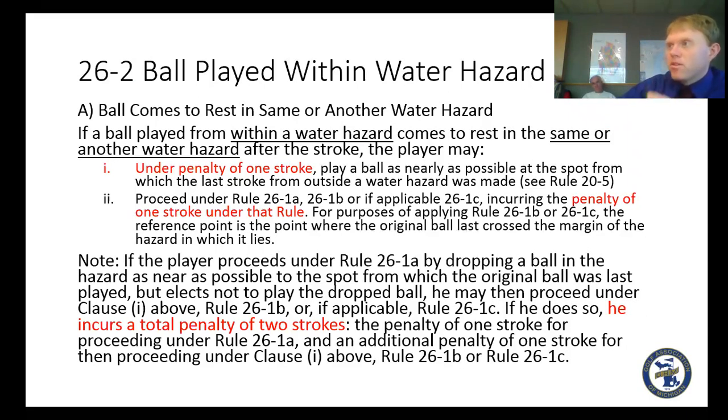Now, if a player drops the ball and thinks, I can't play from here. So they drop where they last played from in the hazard, and when they drop it, it hit where they were and then rolled into a foot of water. They can't play it, right? At that point, the player can, under an additional penalty, go back and take relief under 26-1B, which is that line back where they last crossed the water hazard, as far back as they want, or if applicable, the two club length options.